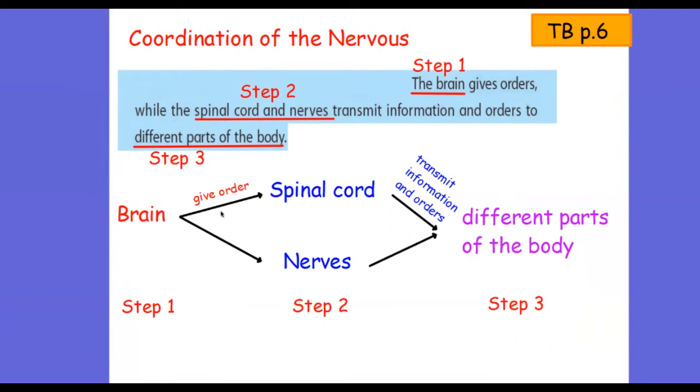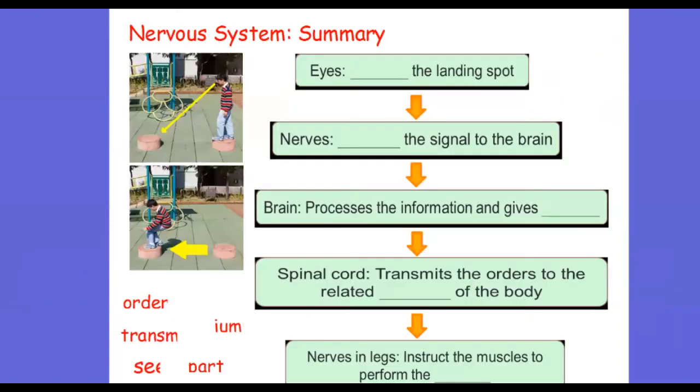The brain will give orders to the spinal cord and the nerves. After they get the information, they will continue to transmit the signals or orders to different parts of the body. These are the steps, the sequence of how our nervous system coordinates different parts of the body.